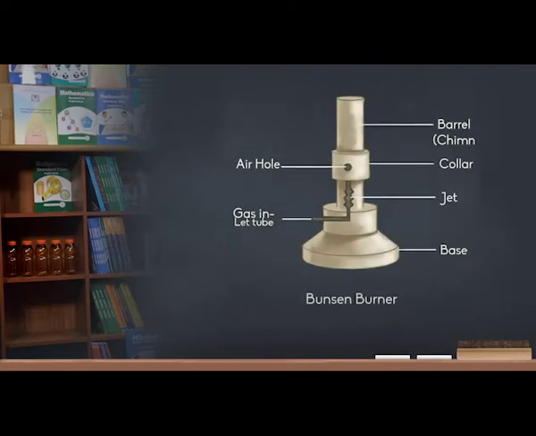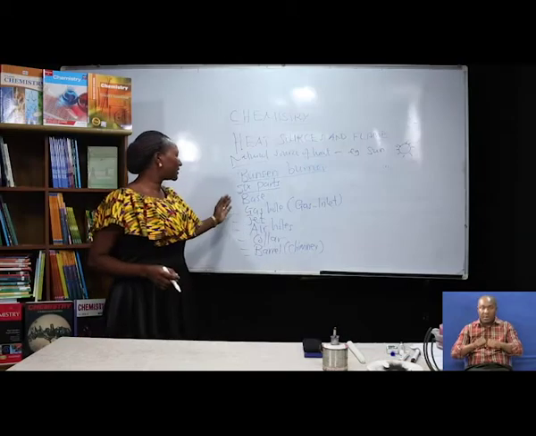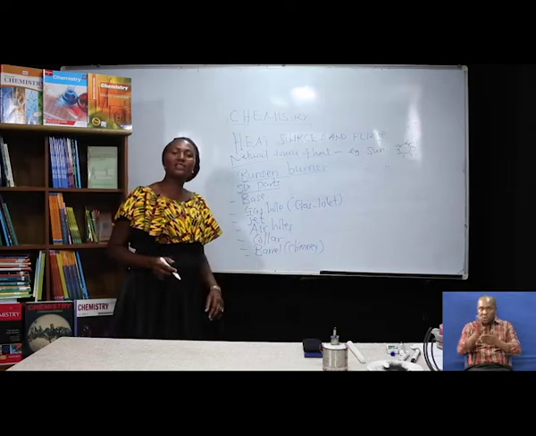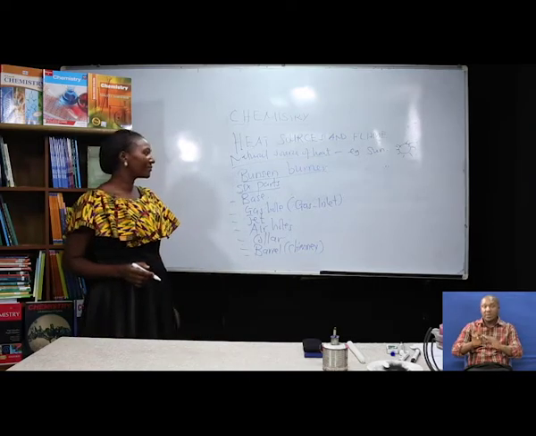Okay, how does the Bunsen burner work? What I mean is the function of the Bunsen burner. Normally, we are going to see the function of the Bunsen burner by studying the function of each part. Let us start with the function of each part of the Bunsen burner.